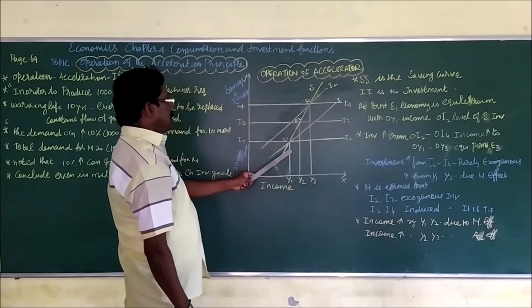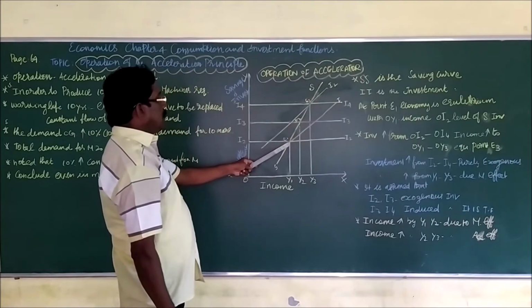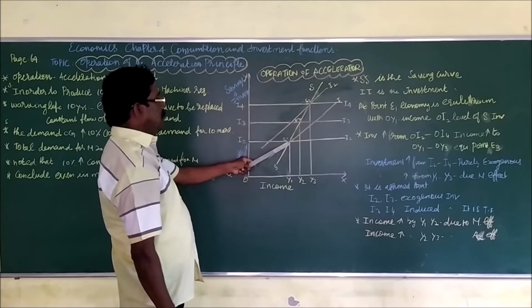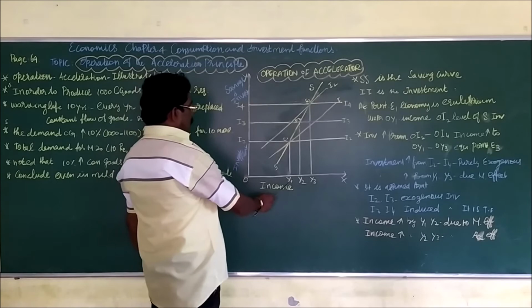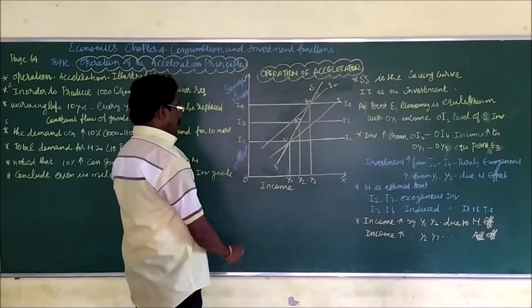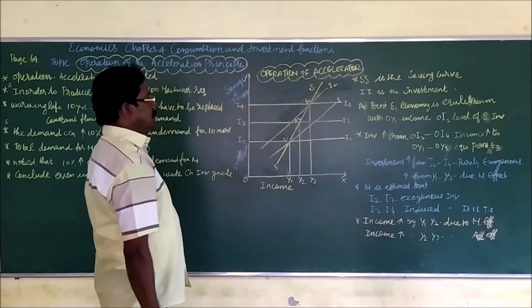At point E1, the economy of the nation is achieving equilibrium with OY1 level of income and OI2 level of investment and savings.